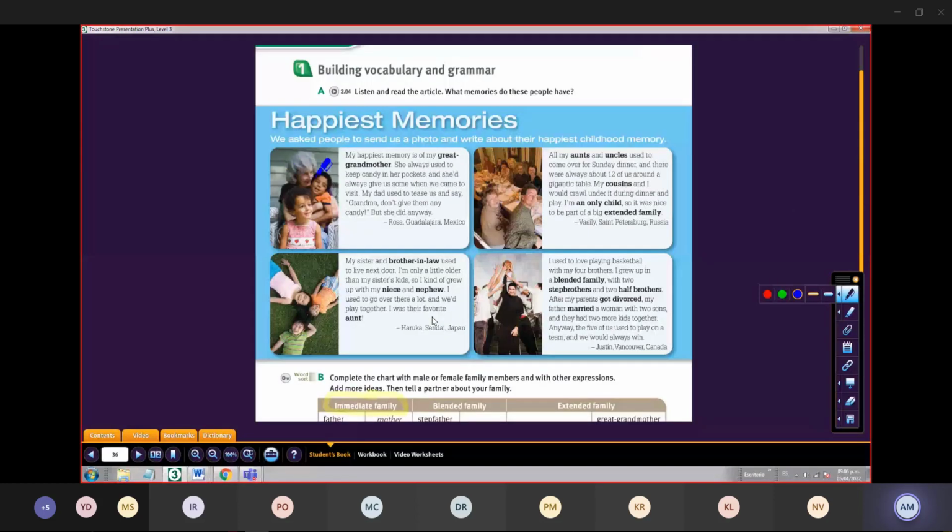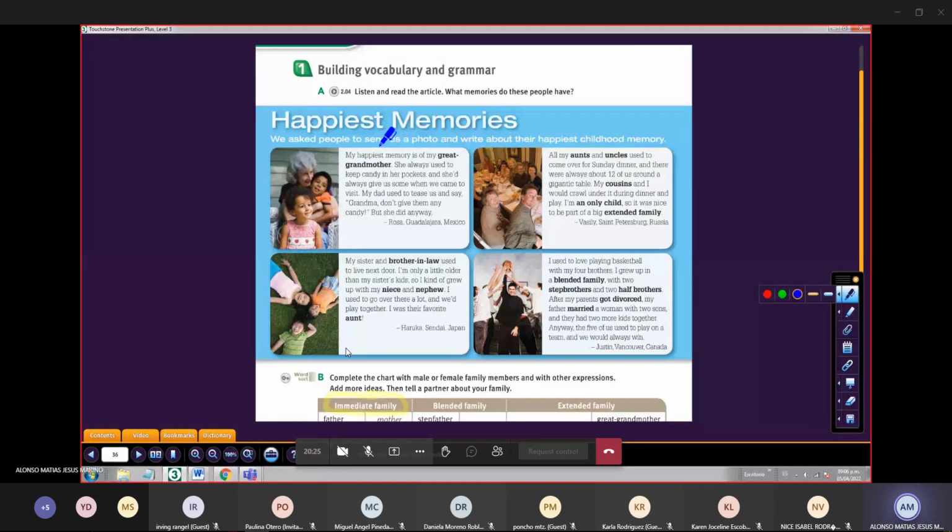For example, in the first story, my happiest memory is of my great-grandmother. She always used to keep candy in her pockets, okay? That is the first thing that I need to underline.